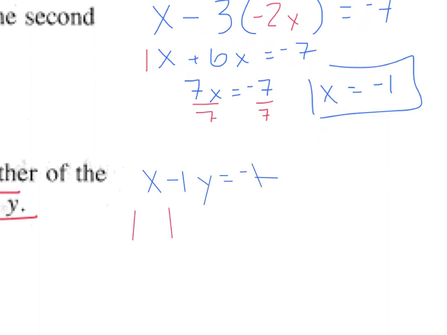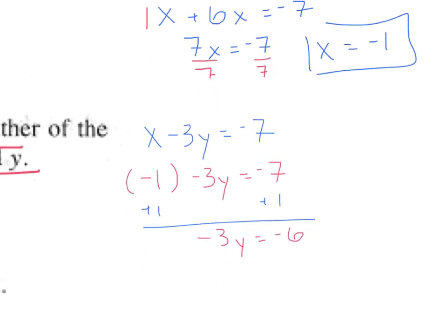Instead of x, I have negative 1 minus 3y equals negative 7. And then I need to add the 1, and I get negative 3y equals negative 6. And then I divide by negative 3, and I get y equals 2.